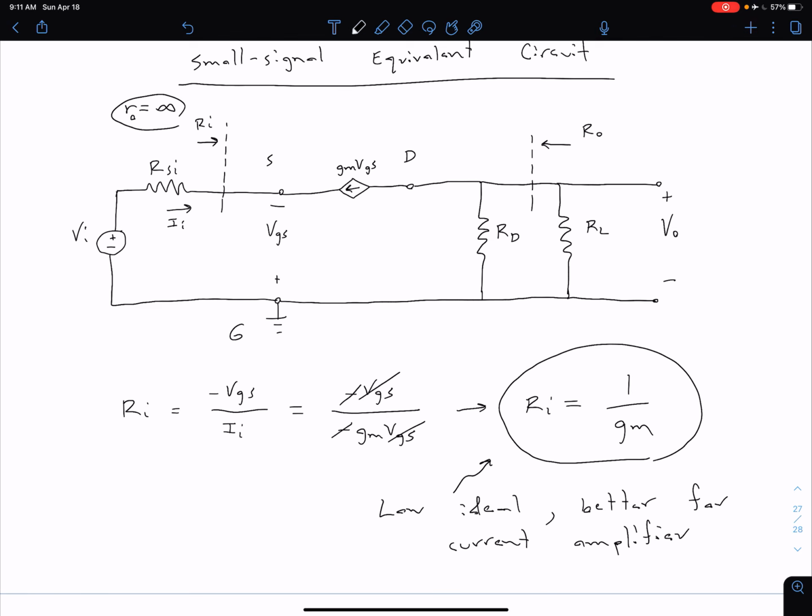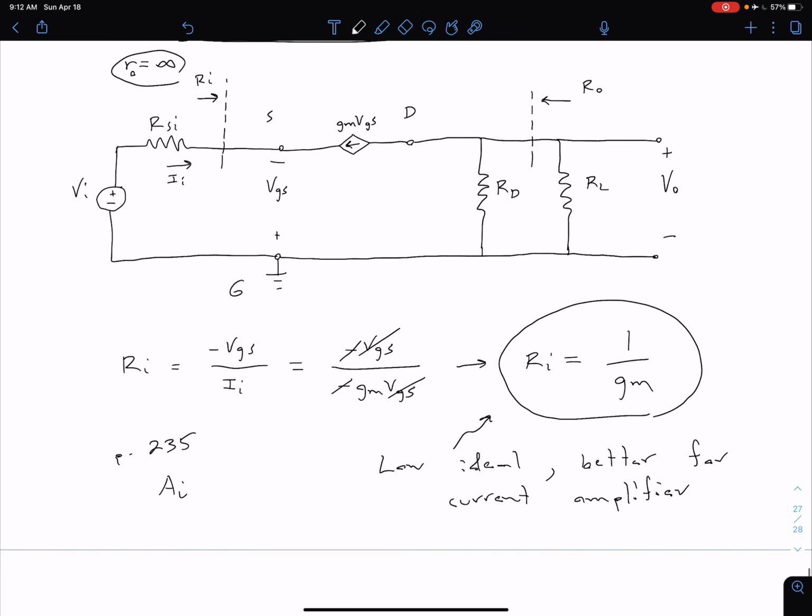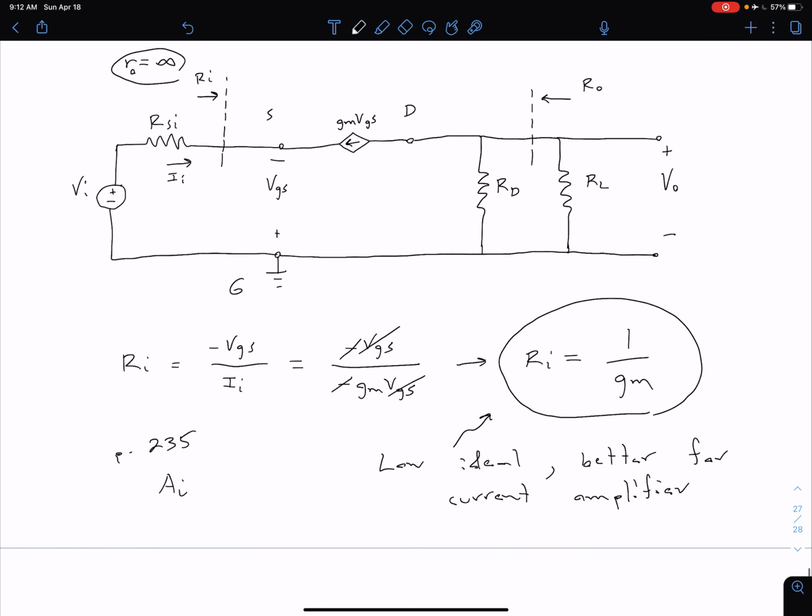And there is some analysis in the textbook, so if you look on page 235, there's some analysis where they replace this input with a current input. So they have a current source in parallel with some R sub SI, and they go through and do an analysis to find the current gain for this configuration. But we're going to focus on our voltage gain, or rather our voltage input source, and in the next video we're going to look at our voltage gain.